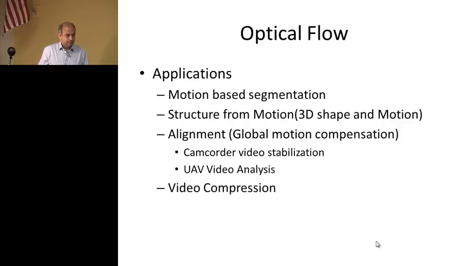What is the difference between why some MPEG decoders are much more expensive than other ones? I think the reason is that if you can estimate the motion very accurately, then you can compress a lot.